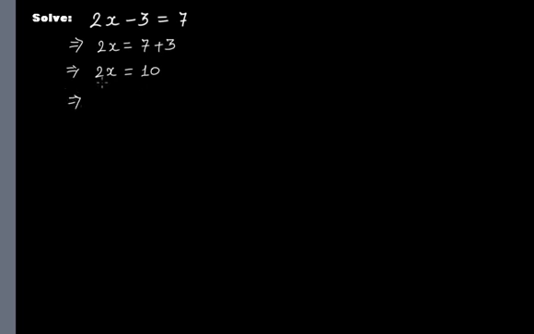So if you divide both the LHS and the RHS by 2, this becomes 2x divided by 2 is equal to 10 divided by 2, right? Now, if you solve this, this is actually 2 times x divided by 2 times 1 is equal to, if you divide 10 by 2, you get 5.